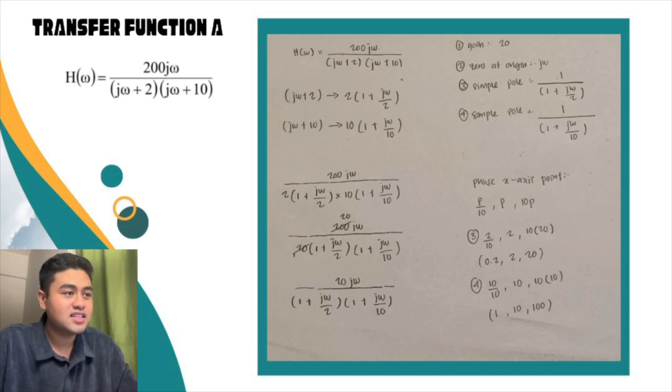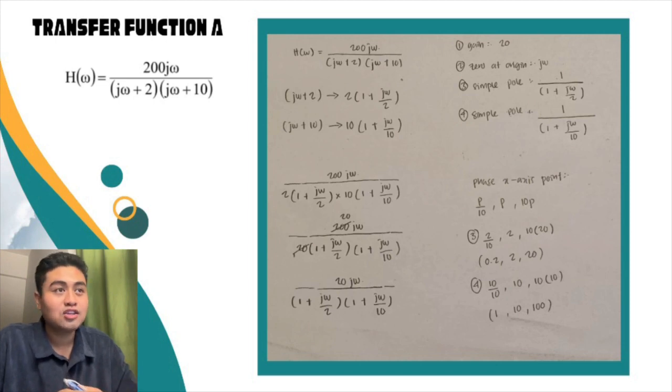We can multiply 2 with 10, which is 20, so 200 over 20 cancels out, and 200 becomes 20 and 20 becomes 1. So the simplest equation that we can get is 20 jω over (1 plus jω over 2) multiplied by (1 plus jω over 10).